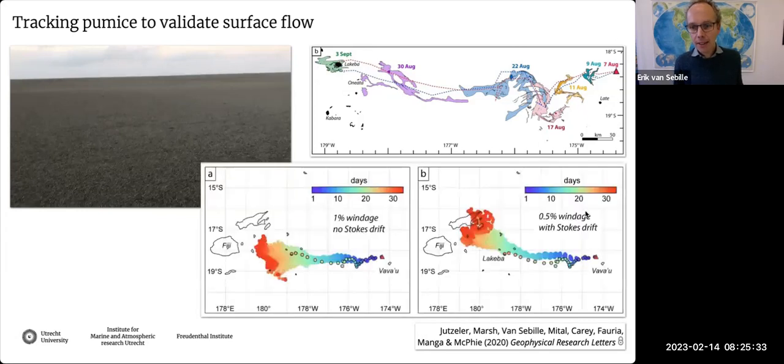And what we did in a simulation was compare how our model, our simulation, compares to the observations. So what you see here in the dots with the black circles are the observations of the center of mass, approximately, of the pumice field over time, and the color is the time.